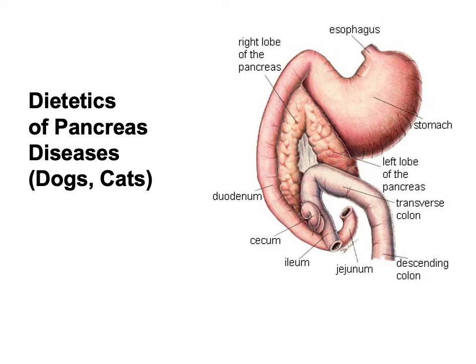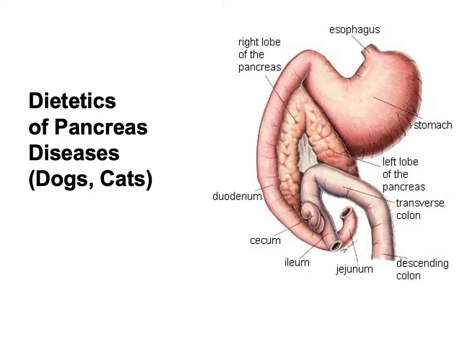And for your memory, you can see the picture of the right and left lobe of the pancreas, which can be found beside the duodenum, and between the duodenum and stomach.